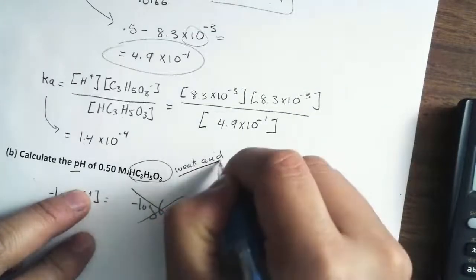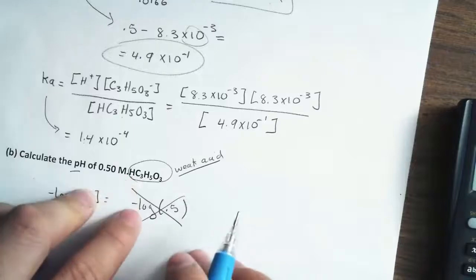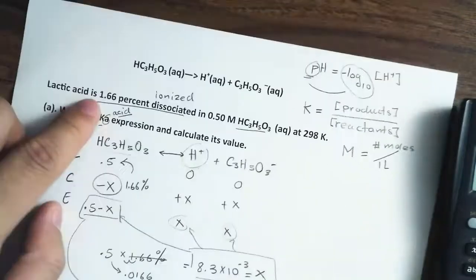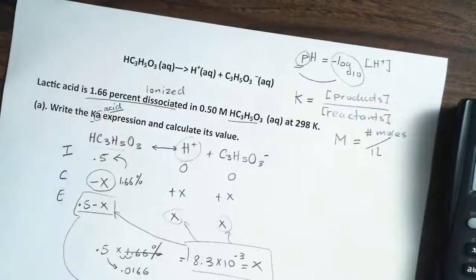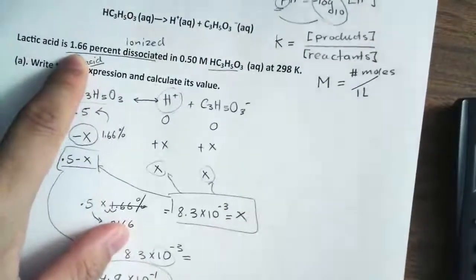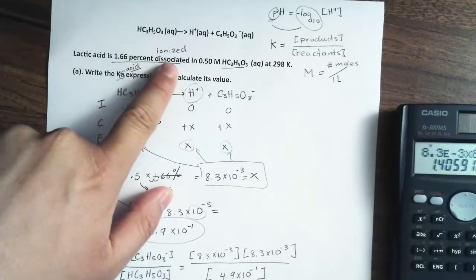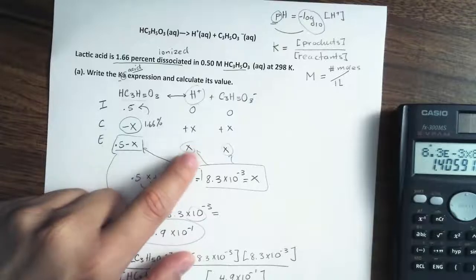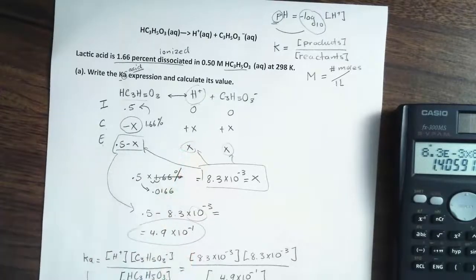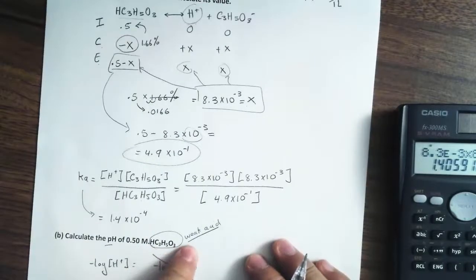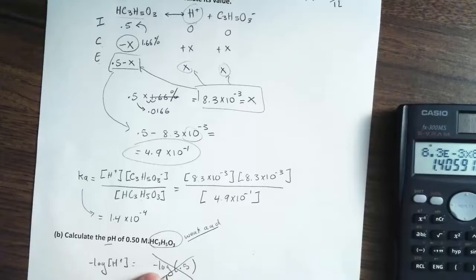If it were a strong acid and we assumed 100% dissociation, then it would be fine, because this would give us a 1-to-1 ratio. But it is not. It's only 1.66% that is ionized. And that's the reason why we have to solve for this x first. If we don't, we have to assume this is a strong acid, but that's not true. This is a weak acid, and that's why we couldn't take the negative log of this concentration directly.